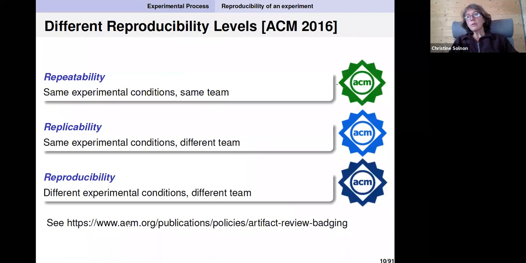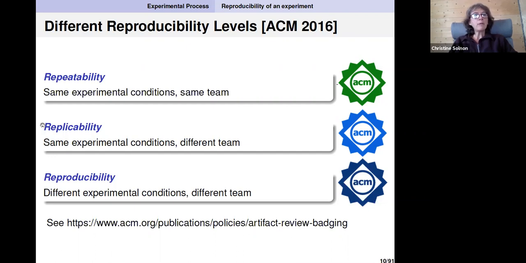The American Computing Machinery Association distinguished 3 levels of reproducibility. We simply speak of repeatability if you yourself want to reproduce your experiment with the same benchmark instances and the same environment.